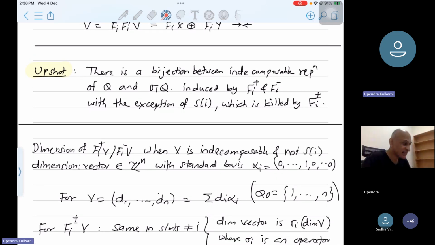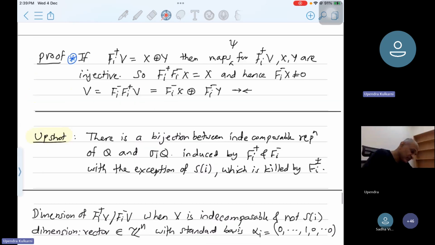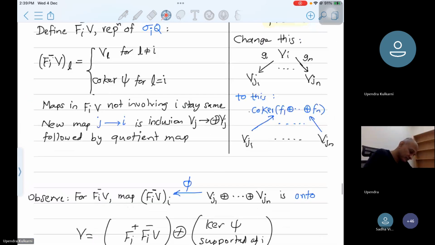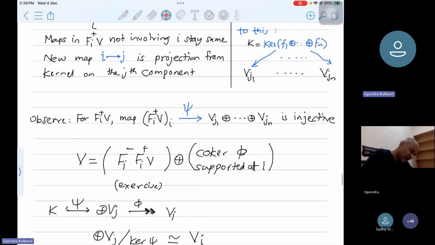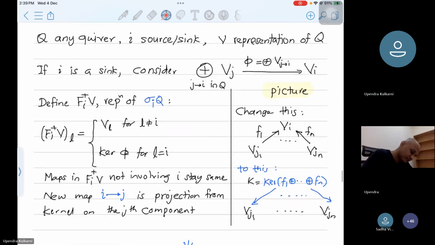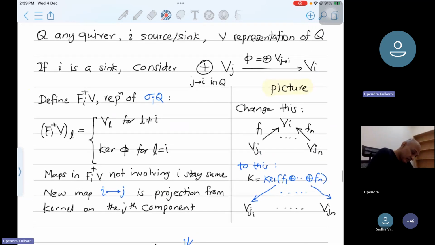So what happens if I apply Fi plus or minus? Of course, I can't apply both simultaneously, depending on whether I is a source or a sink. But anyway, nothing happens to the dimension vector in the other slots; it stays the same. So let's look at what happens in slot I. The issue is very simple. I simply take the kernel of phi.